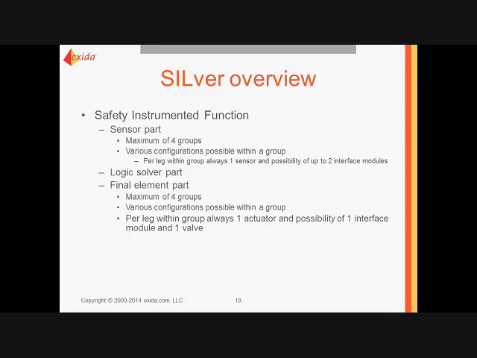You can have various configurations within the group. You can do a per leg within the group, always one sensor and possibly up to 2 interface modules, as we'll see. For the logic solver part and for the final element part, you can have a maximum of 4 groups with various configurations possible within a group, and a per leg within a group. So you can have an actuator and a possibility of 1 interface module and 1 valve.